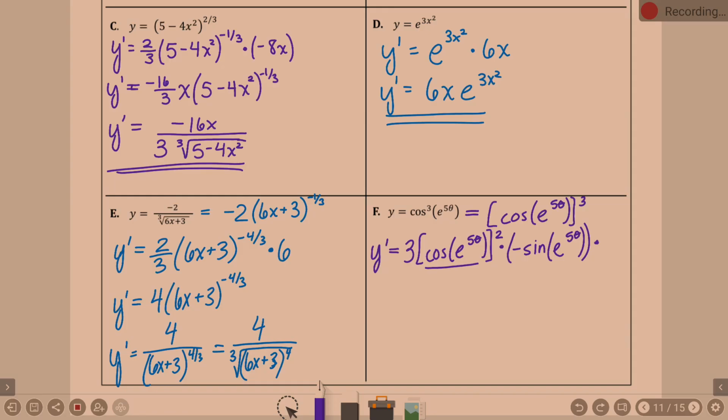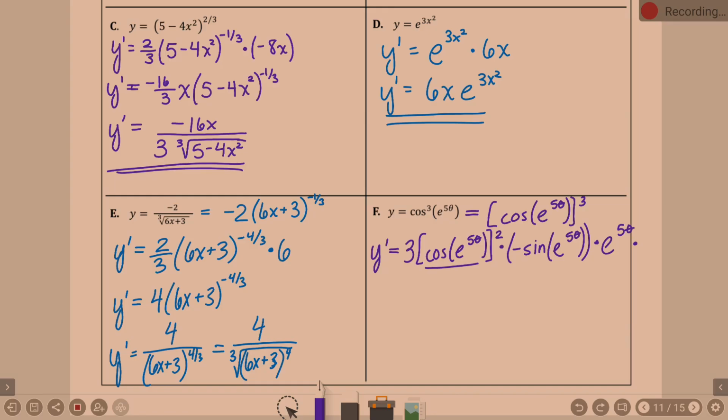Well, no. What's the derivative of e to the x? The derivative of e to the x is e to the x. So the derivative of e to the 5 theta is e to the 5 theta, yes? Or what's the derivative of e to some power? It's e to some power.